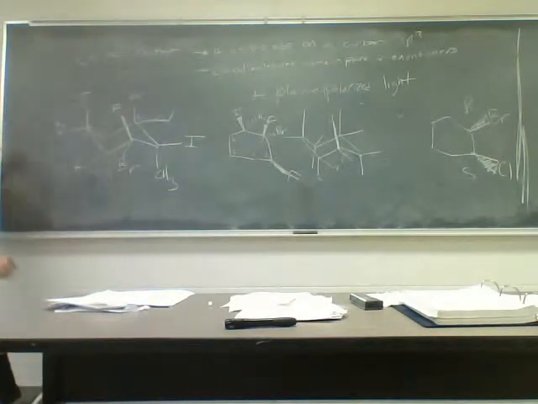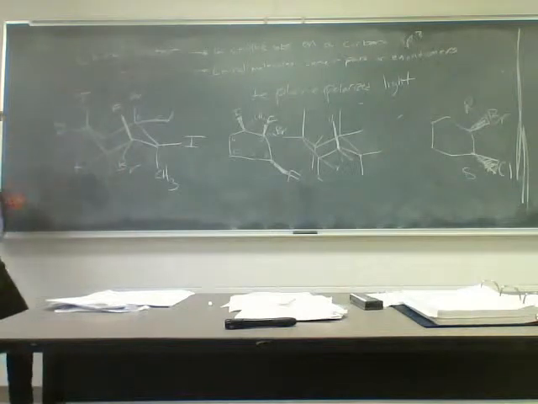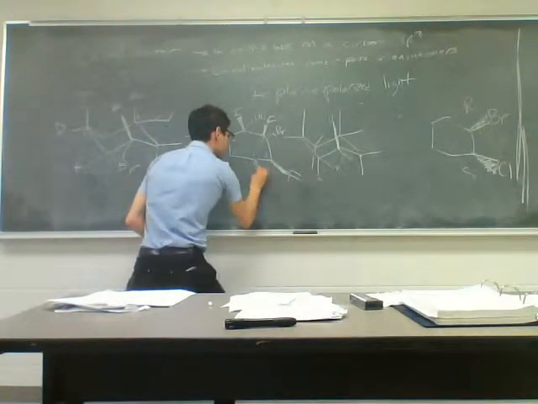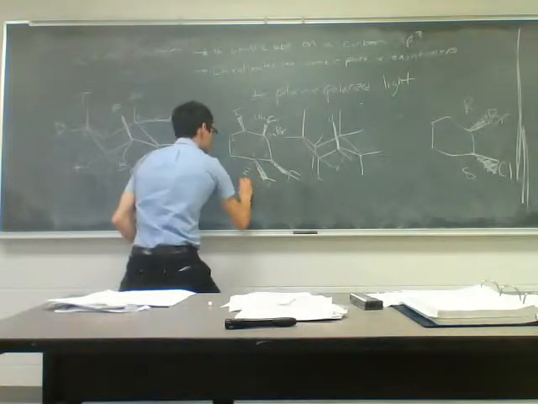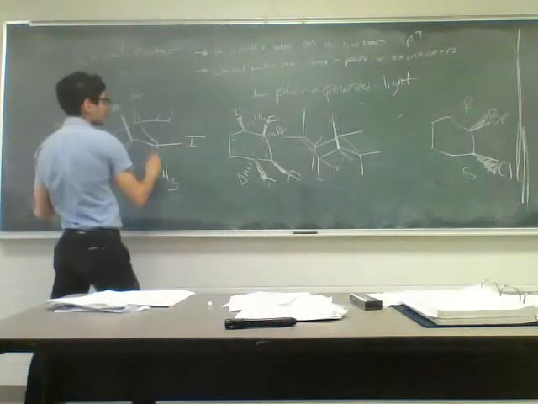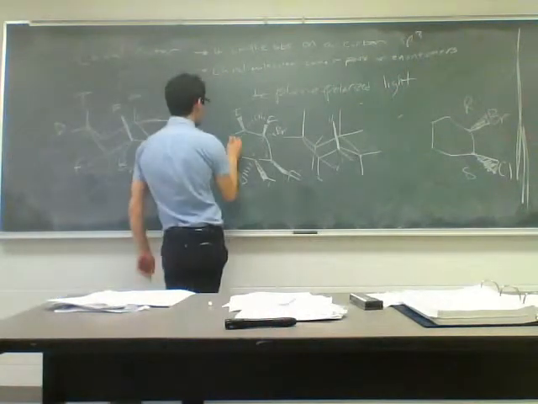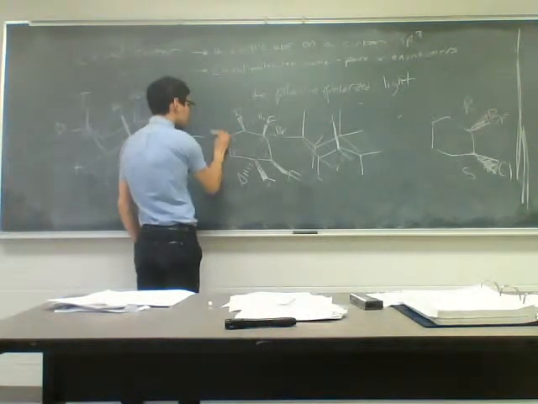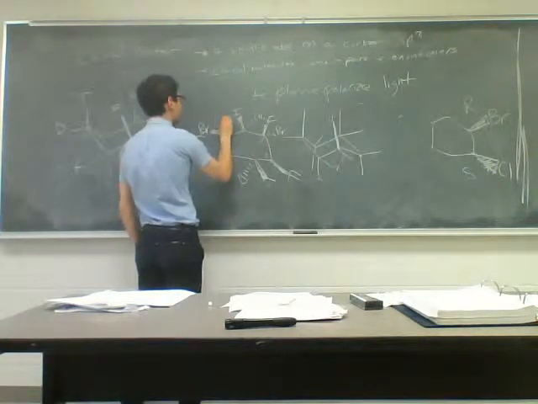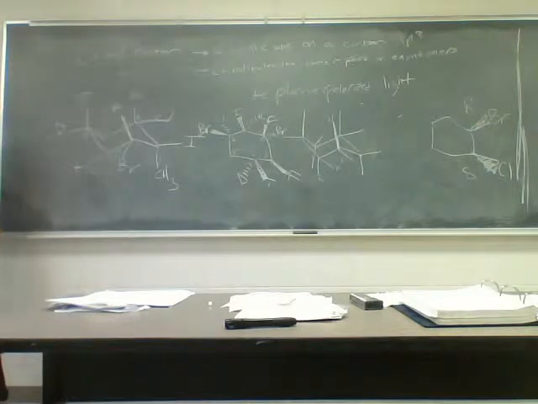Then we go to carbon number 4. Deuterium is lower than our tritium, so tritium is higher up and gets the wedge, and deuterium gets the dash. Carbon 5 has nothing on it, and 6 has a bromine above the chlorine. What a fun molecule.